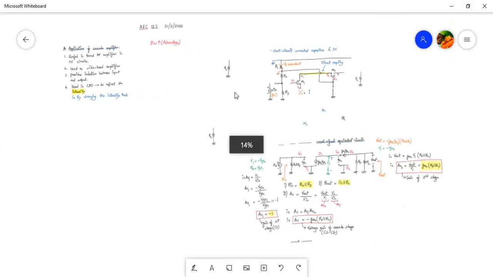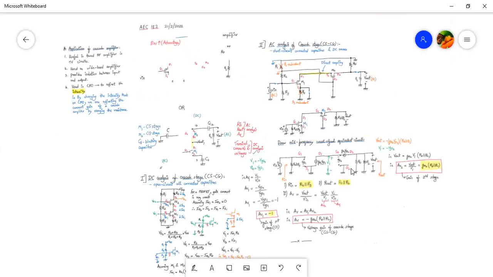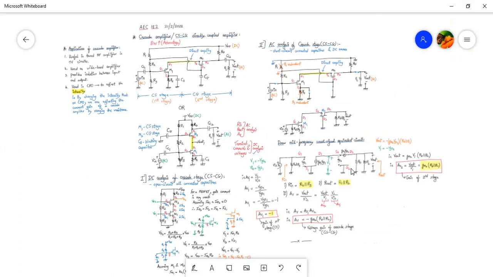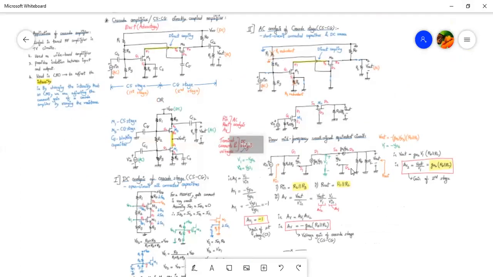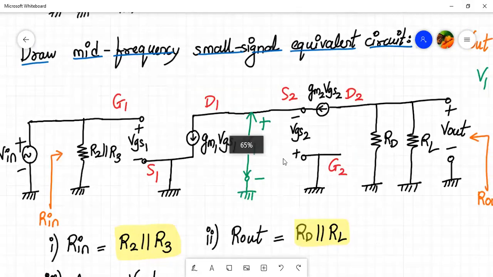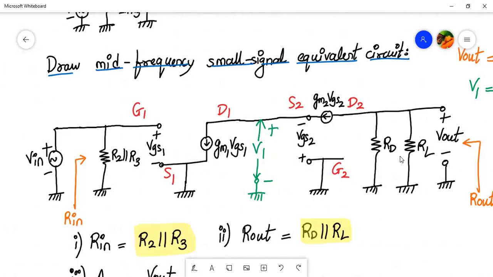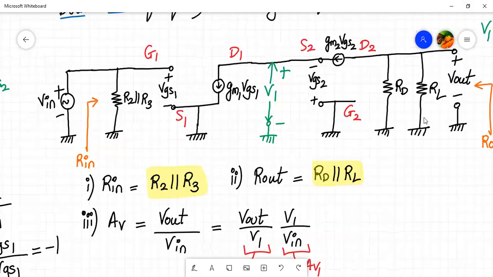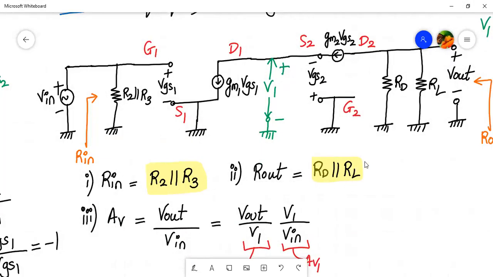So here I'll directly analyze the circuit and we'll write down the formulas for Rin, Rout, and voltage gain. This was the mid frequency small signal equivalent circuit for the same cascode amplifier. The only addition over here is that RL is not present in the present numerical. So if RL is not present, you have to keep it open, and RL will not be present in parallel.